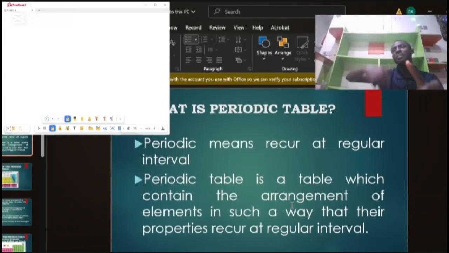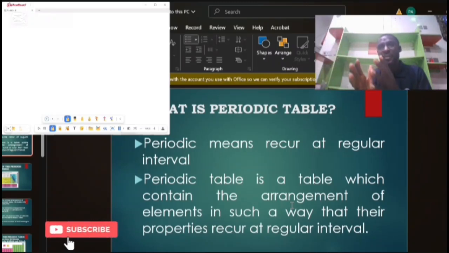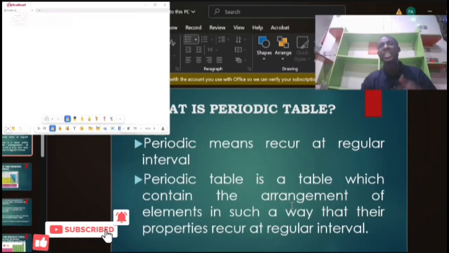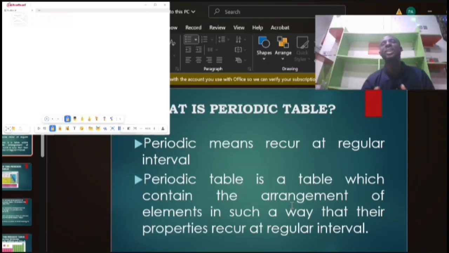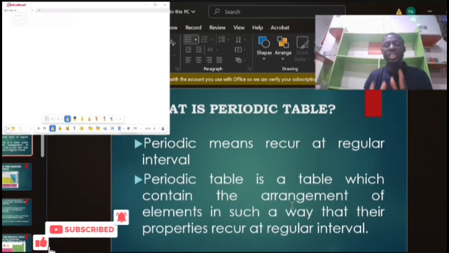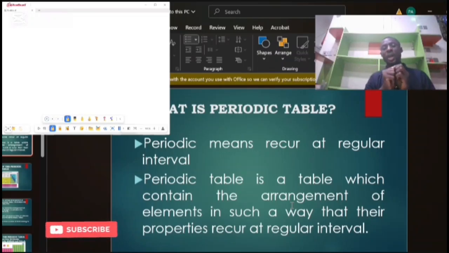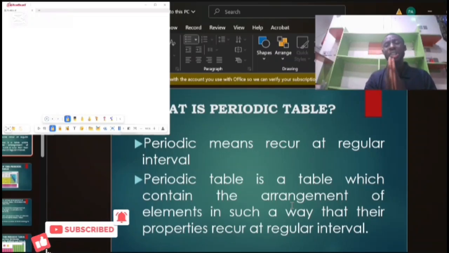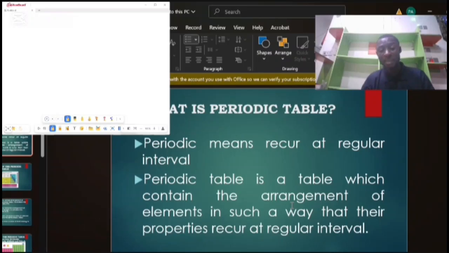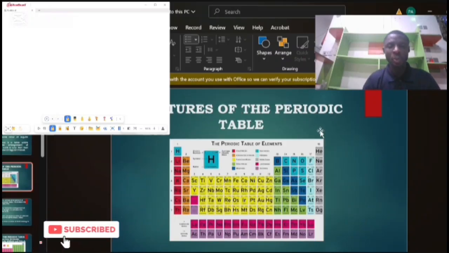So elements that have the same property, and that property occurs often in the same way, those elements are arranged in the same place in the periodic table. So let's go to the properties that occur at regular interval that make elements to be placed in the same place in the periodic table.